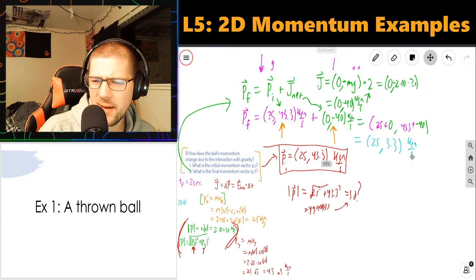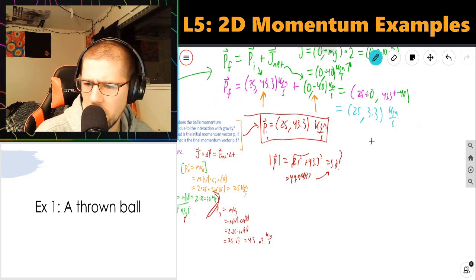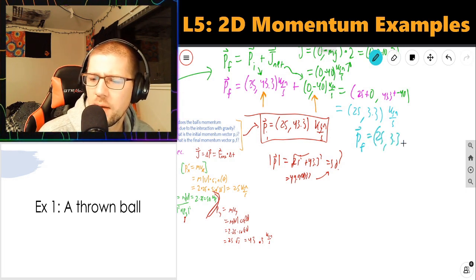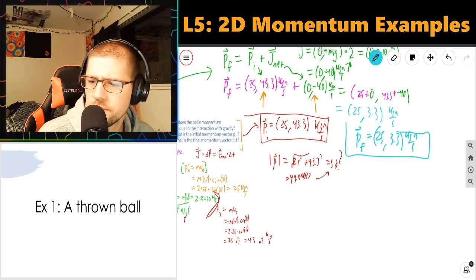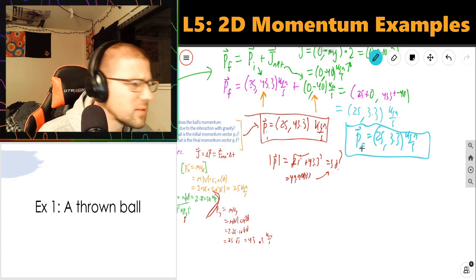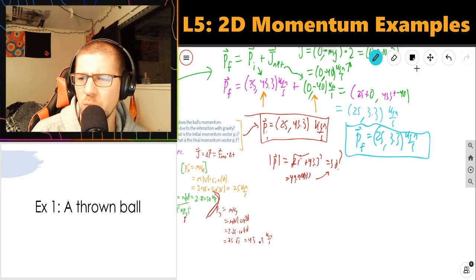All right, let's dial back for a minute. First of all, let me label my result. The final momentum was 25, comma, 3.3 kilogram meters per second. First thing to note, momentum was not conserved. So the final momentum is not the same as the initial momentum.